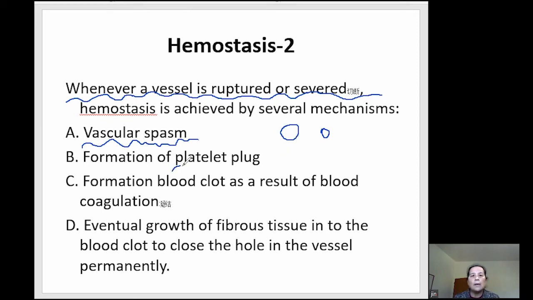And then platelets will come and form a platelet plug. Some platelets go to the local blood vessel and try to stop bleeding there, and then blood clot formation stops the bleeding. And finally, some fibrous tissue goes to the blood clot, closes the hole, and stops bleeding for the long term.